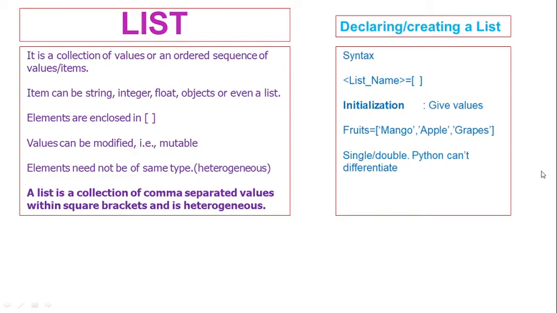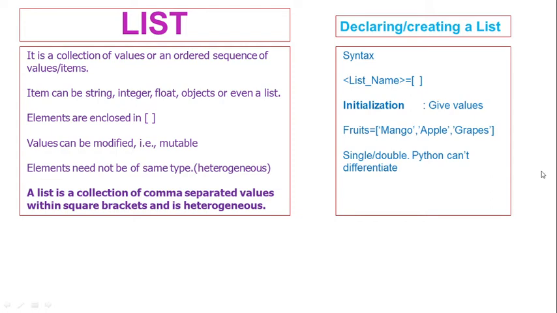Then it will be a list of strings. When we store names in a list, it will be a list of strings, and when we store marks, it will be a list of integers.